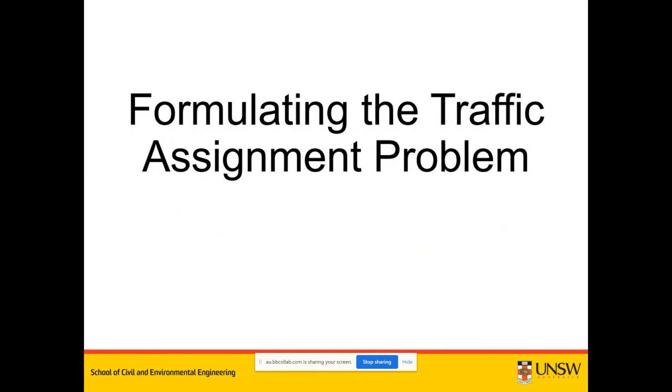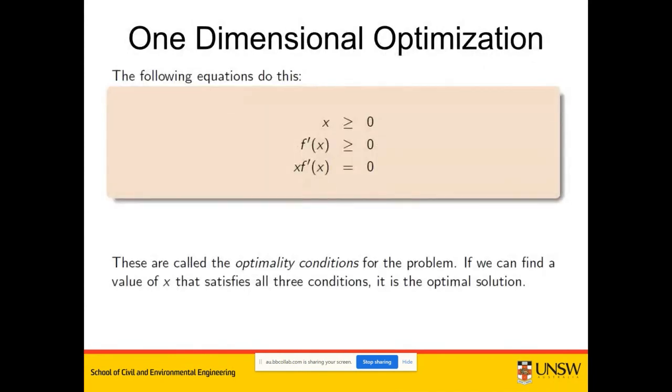Now all of that was background to formulate the traffic assignment as an optimization problem. But before that, let's refresh our memories with regard to the optimality conditions that we learned last week on the one-dimensional optimization problem, meaning you only have one decision variable. If you find a value for x that satisfies all these three conditions, then you can be sure that x is your optimal solution.